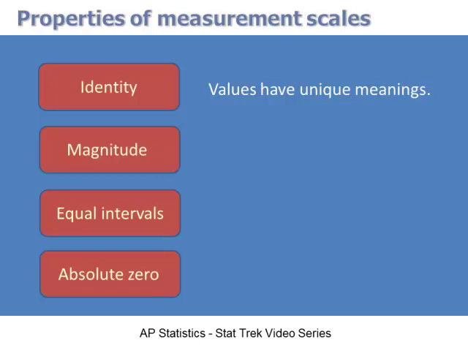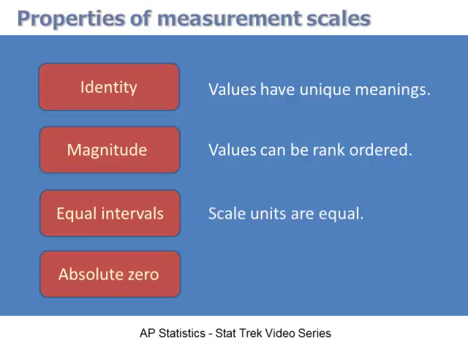Magnitude means that all values on the measurement scale can be rank ordered relative to one another. That is, some values are larger, others are smaller. Equal intervals means that units along the measurement scale are equal to one another. And absolute zero means that the scale has a true 0 point, with no values below 0.